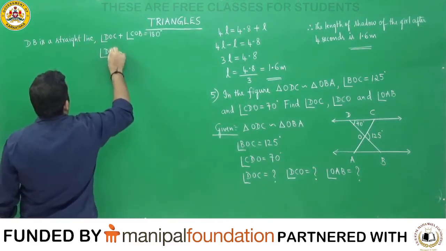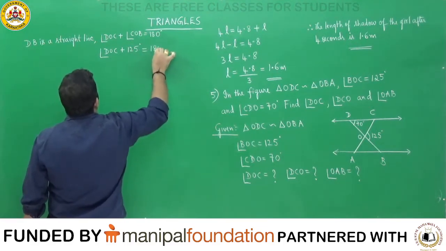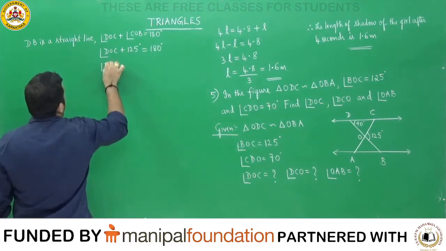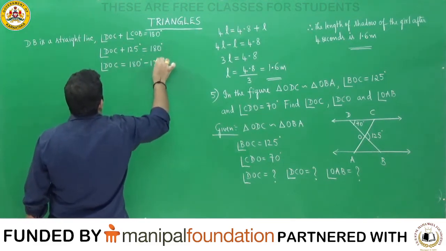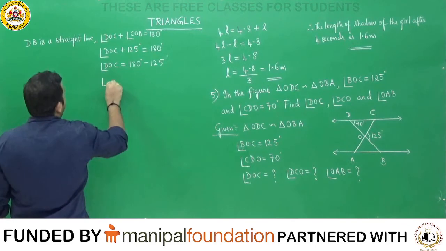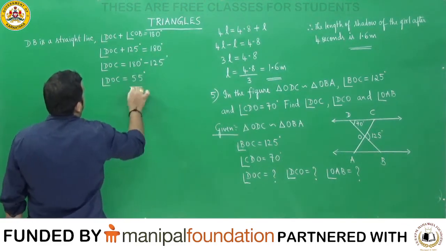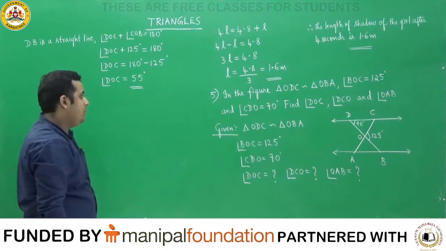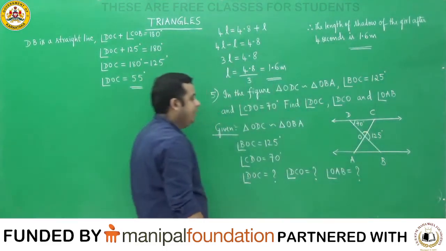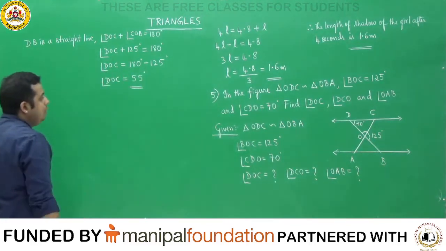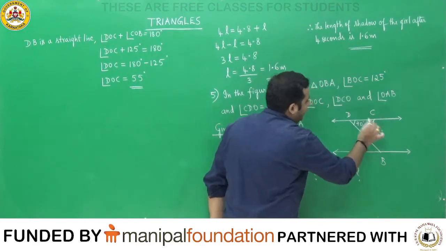Angle DOC plus 125 degree is equal to 180 degree, correct? So angle DOC is equal to 180 degree minus 125 degree. Angle DOC is 55 degree, correct? If angle DOC is 55 degree, this angle I got as 55 degree.